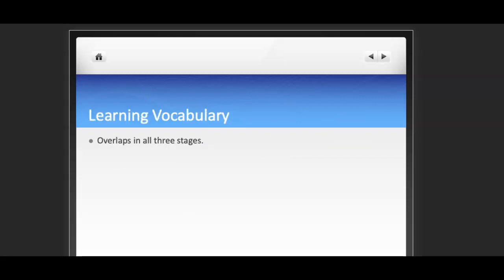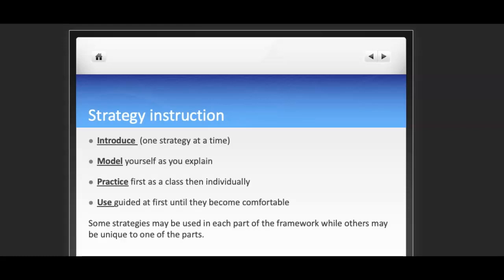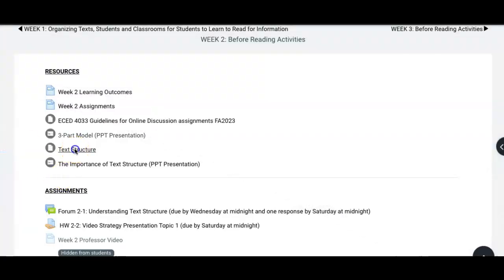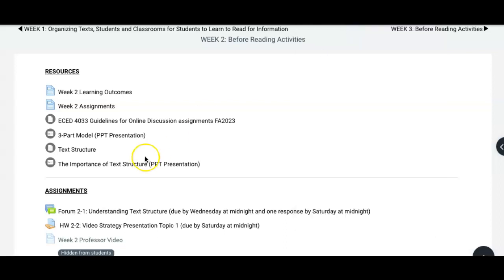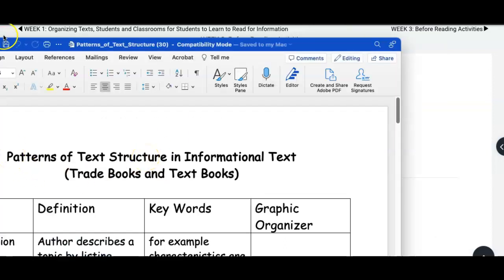There's also a topic about learning vocabulary and strategy instruction.